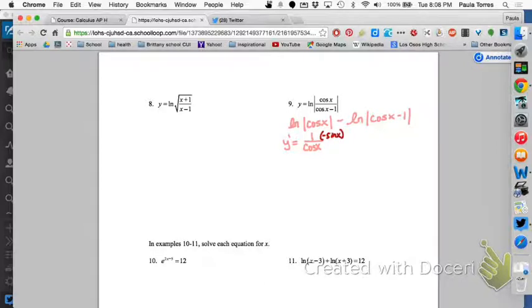And then we'll subtract. And then 1 over the stuff times the derivative of the stuff, but derivative of that, again, will be negative sine.